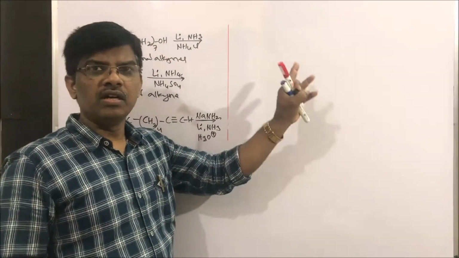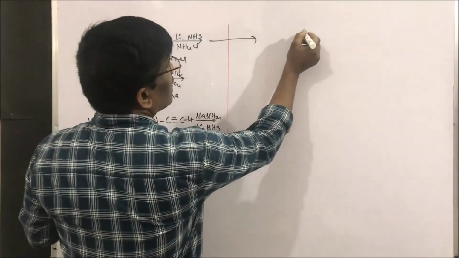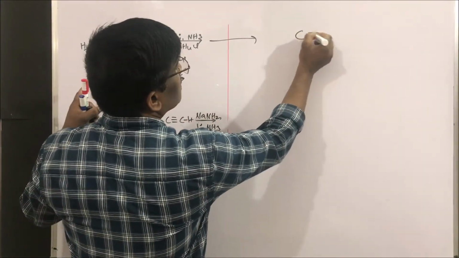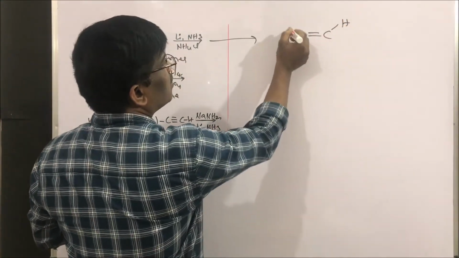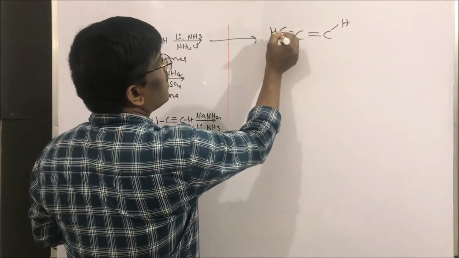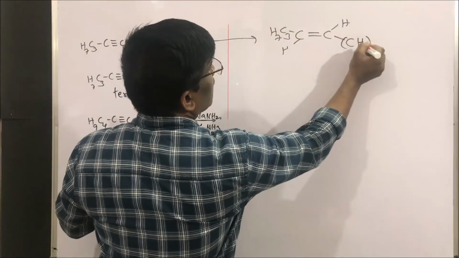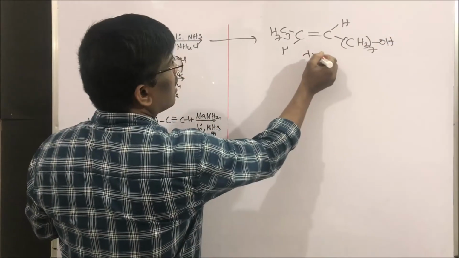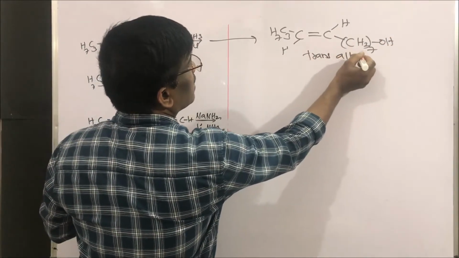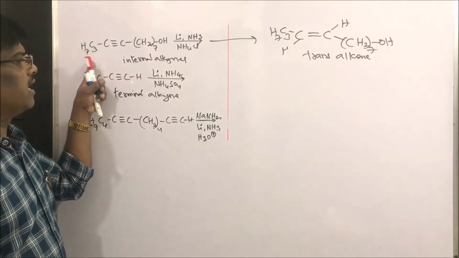It is reduced, that is, trans-alkene. So what is happening here? Let us write like this: C3H7, and here CH2 taken 7 times, and OH. So this is the trans-alkene we are getting from this internal alkyne.